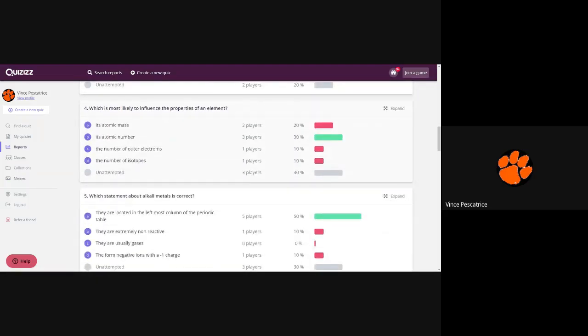Which mostly influences the properties of an element? It's the atomic number. The atomic number tells us how many protons there are. If you change one proton, you change the element completely. For example, oxygen, the stuff we breathe, has 8 protons.